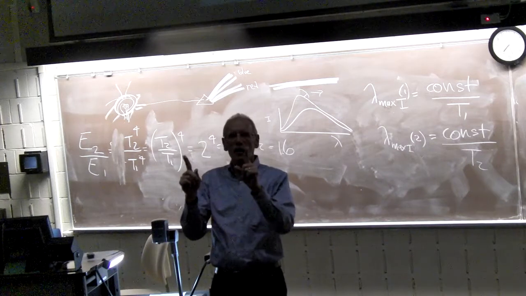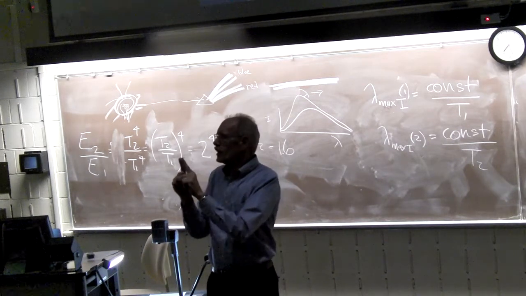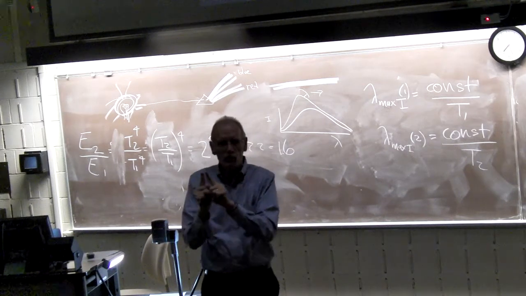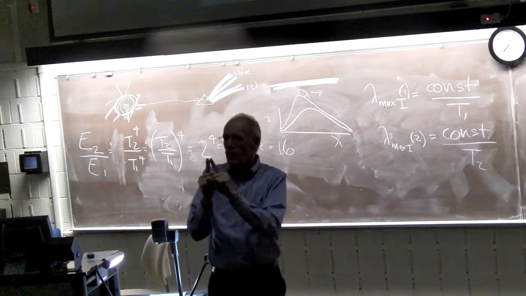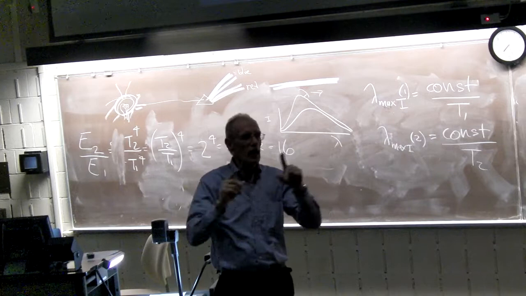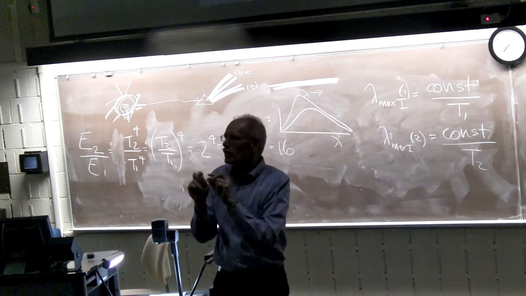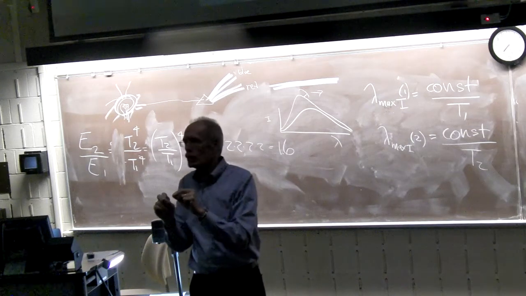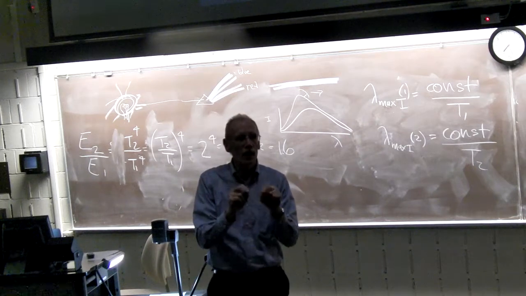Things that are too close together to see as separate with a small telescope, a bigger one will resolve them. That's a common word. It'll resolve them into 2 separate stars, for example. Or we'll see more detail on another planet.